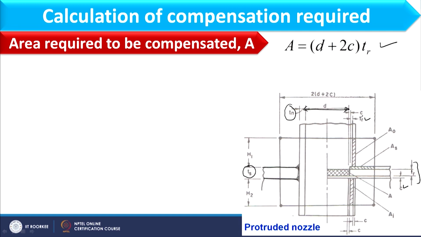So, this D is the inner diameter, 2C is the corrosion. Corrosion we have considered at this side as well as at this side also, because corrosion at both sides of the nozzle will be used for material which is going to waste after continuous operation.